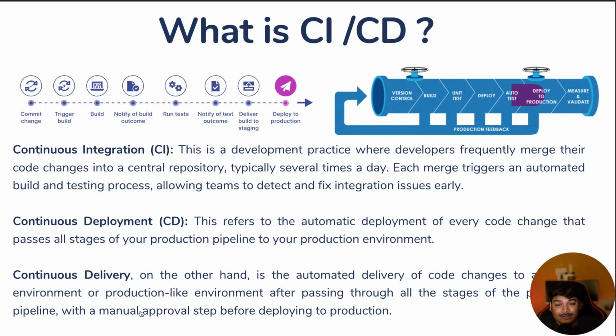Then the build will be delivered to the staging server, and hopefully there should be a manual approval, after which the code gets deployed to the production environment or production service. Okay, that is what I have tried to explain in the above diagram. Okay, so now you understand what exactly the CI and CD pipeline is.